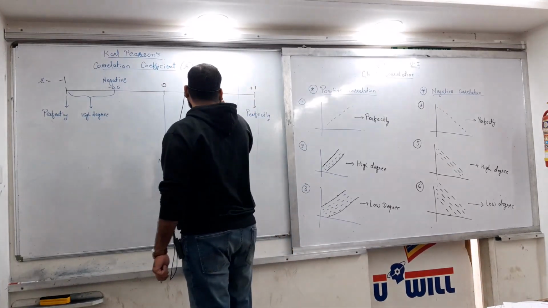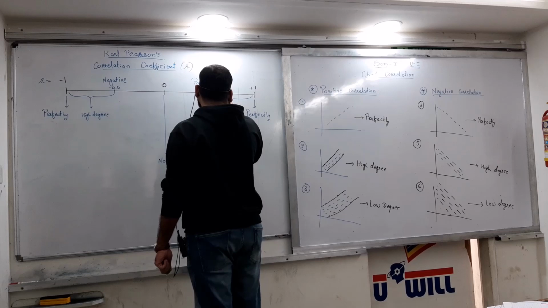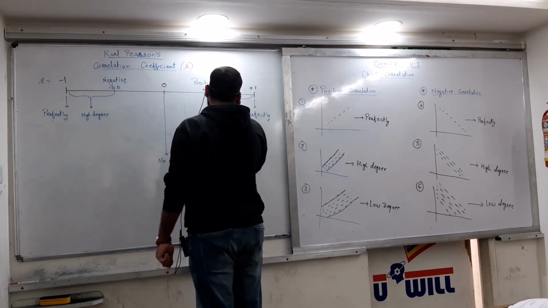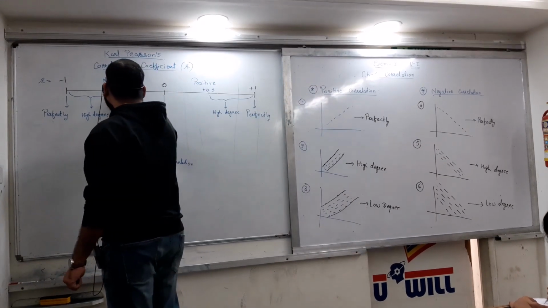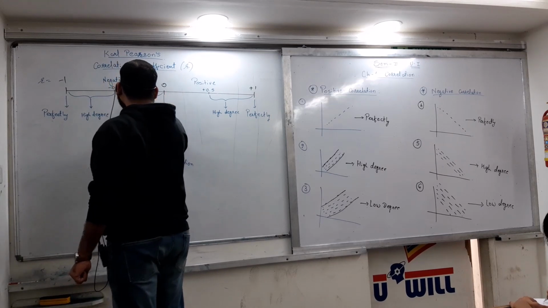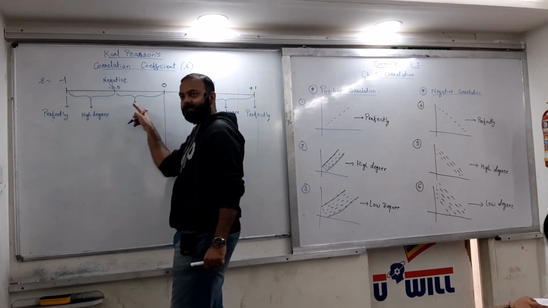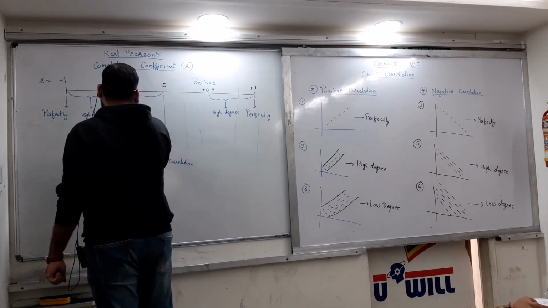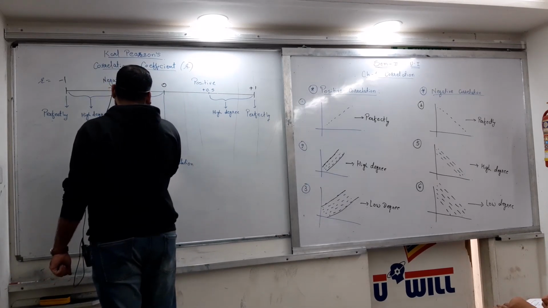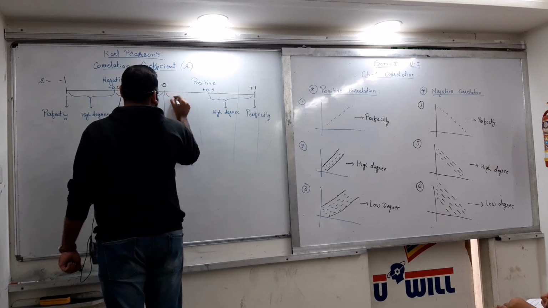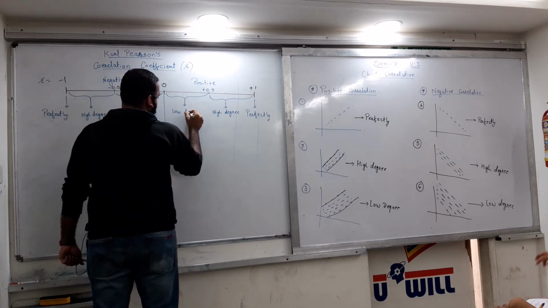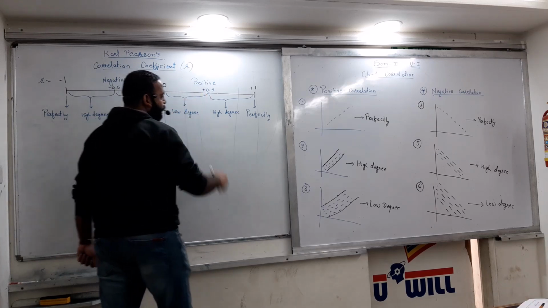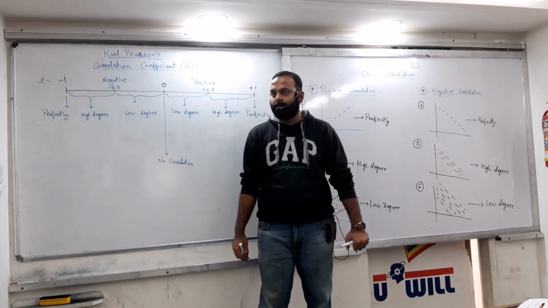Same way, if you focus on the area of +0.5 to +1, it is a high degree of positive correlation. Same way, the area of -0.5 to 0, but actually greater than -0.5 and less than 0, this is the area of low degree of negative correlation, and greater than 0 till +0.5 is low degree of positive correlation. Understood by everyone?